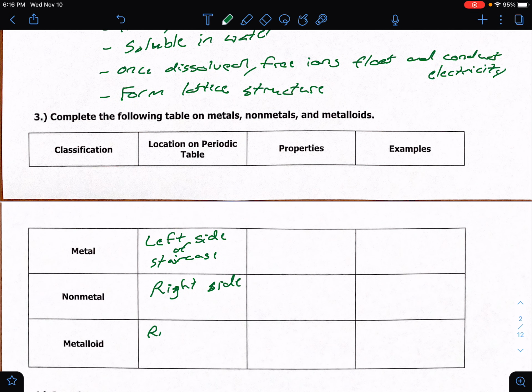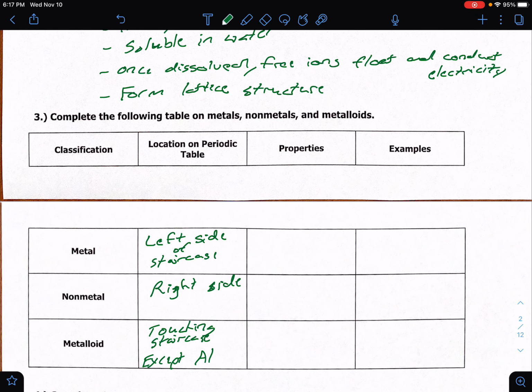Instead of using the term right, since we just used it, I'm going to switch that. So we're going to say touching the staircase. Except aluminum.